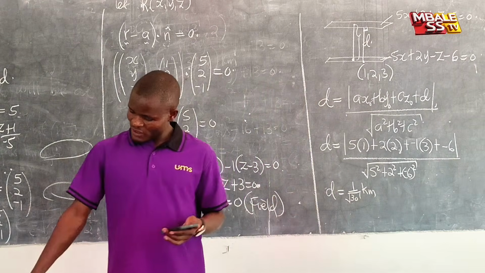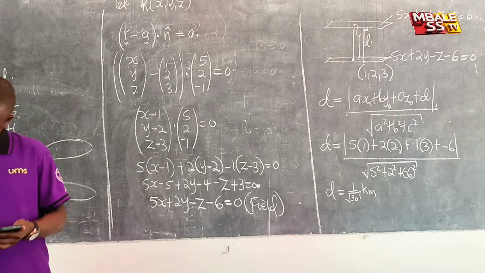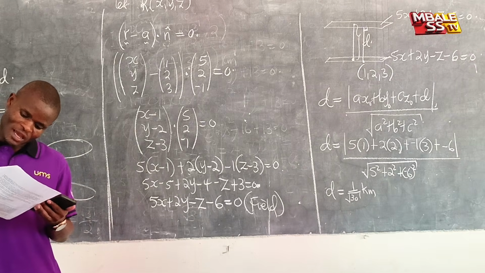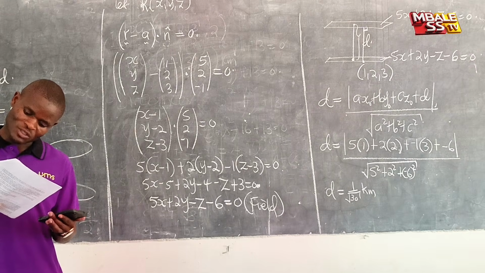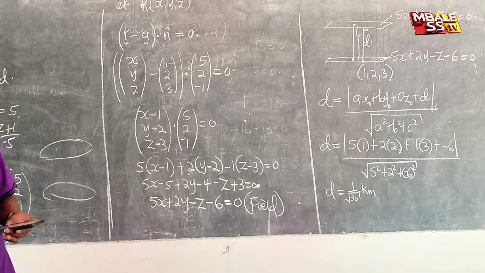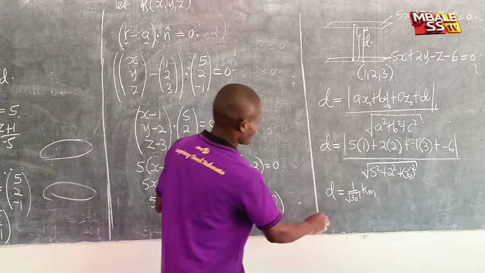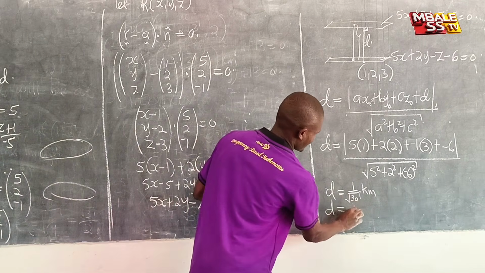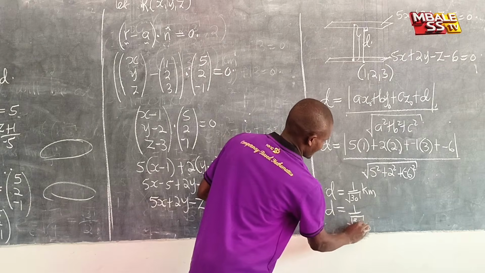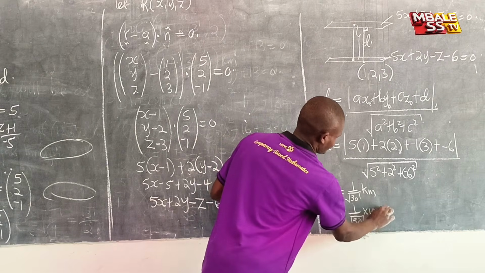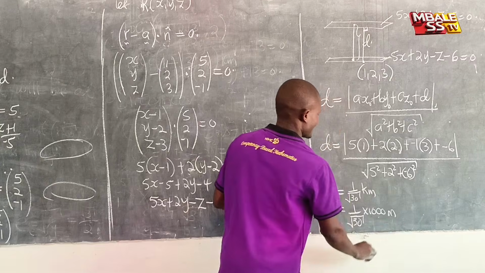However, to compare with the distance they gave us in the question, that the distance should lie between 180 meters and not more than 185, we change this to meters. So our distance converted will be 1 over root 30 times 1000, and now this one is in meters.